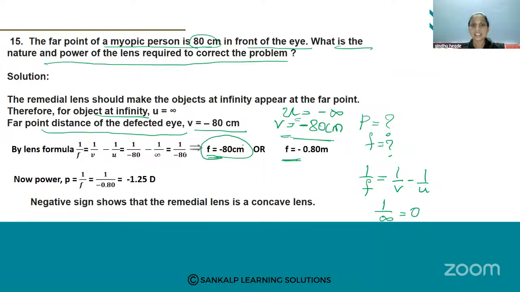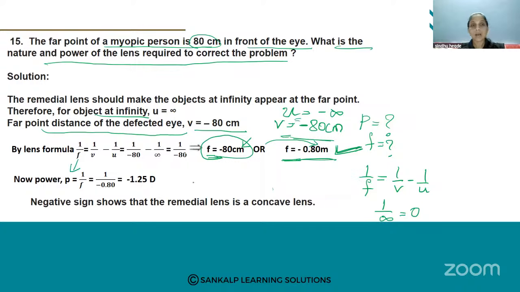It is in centimeter. You have to convert it from centimeter to meter. So f is equal to minus 0.80 meter. This is the focal length of the lens required. So first you found the focal length. With the help of this focal length, now we are going to find out the power.